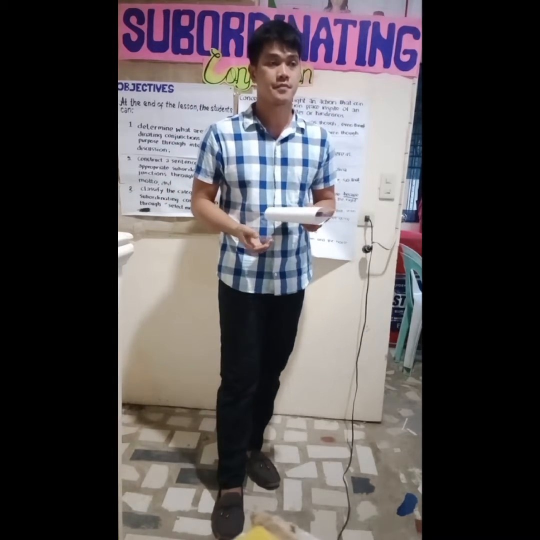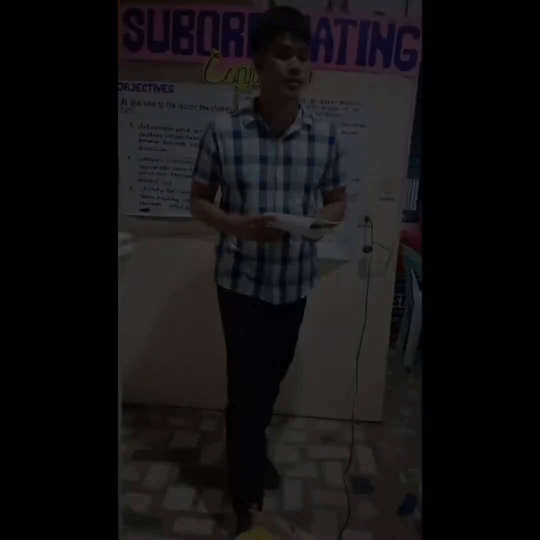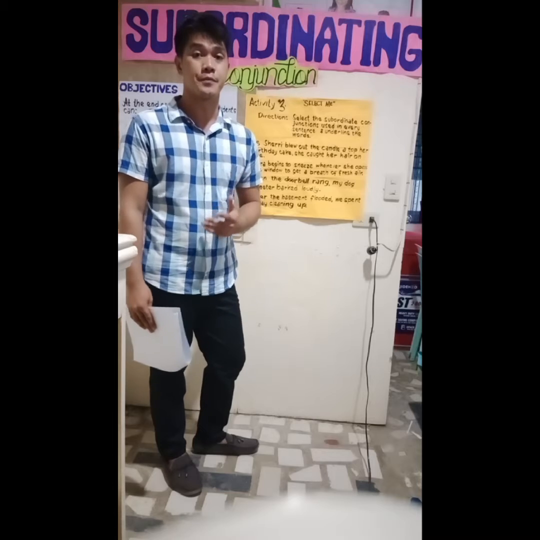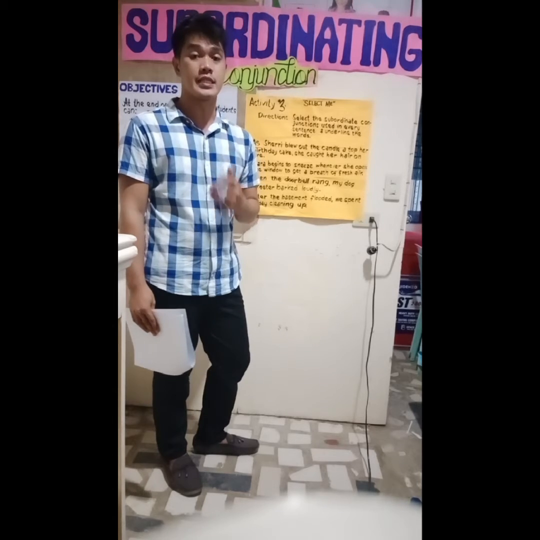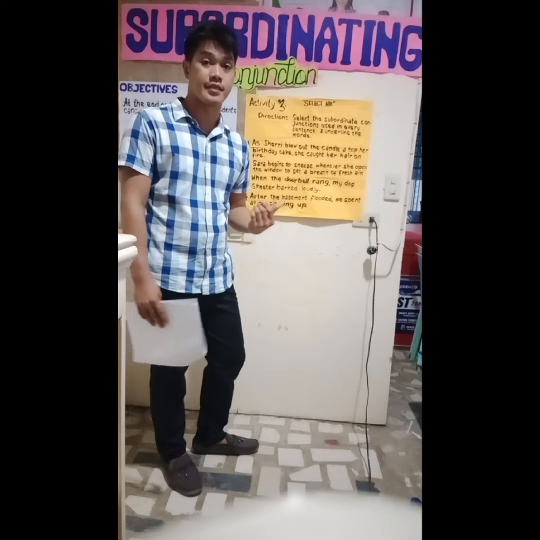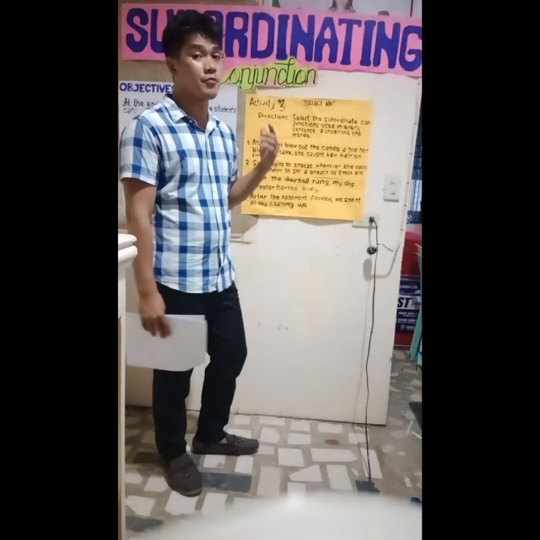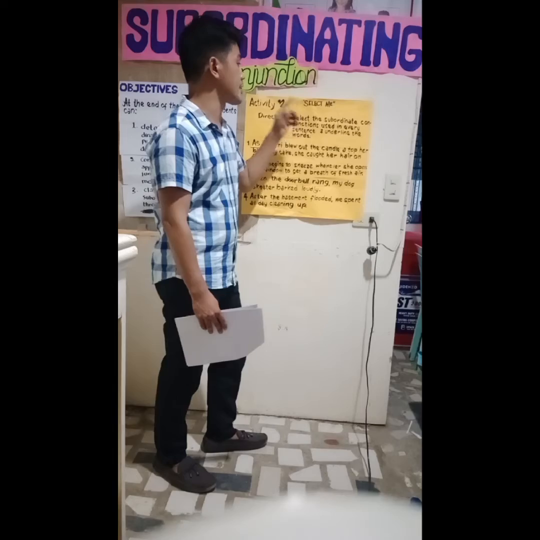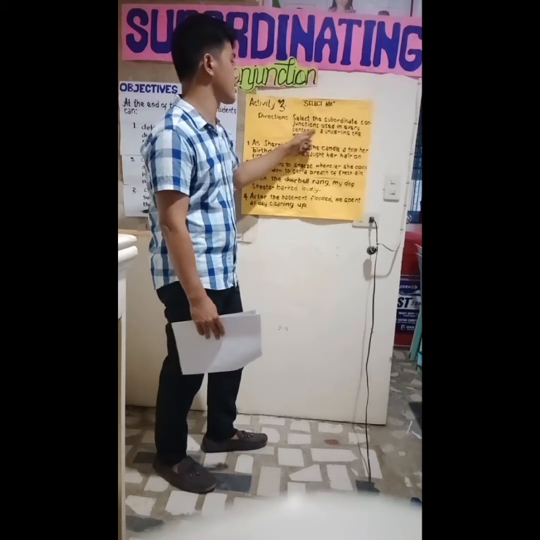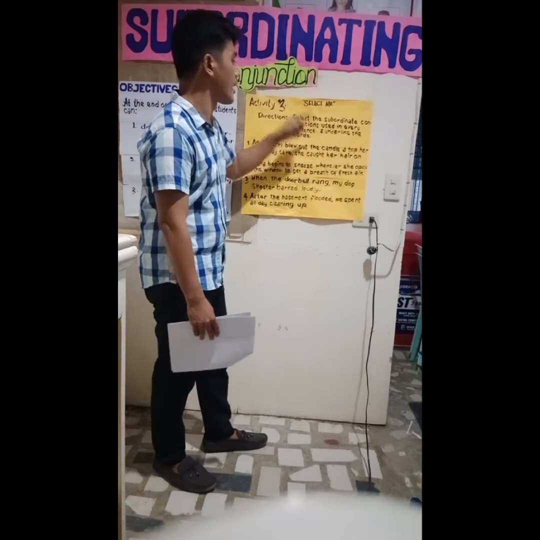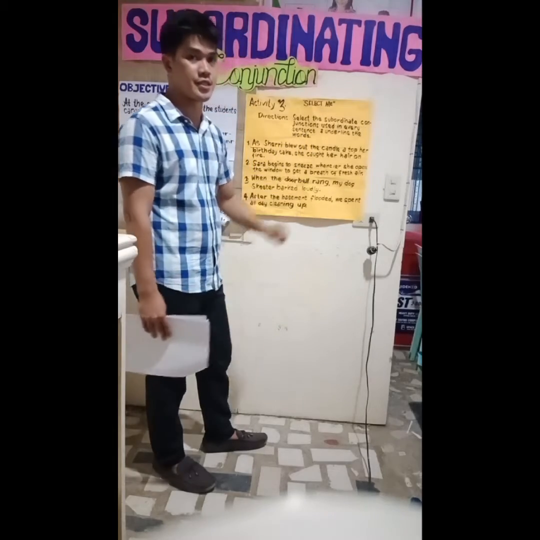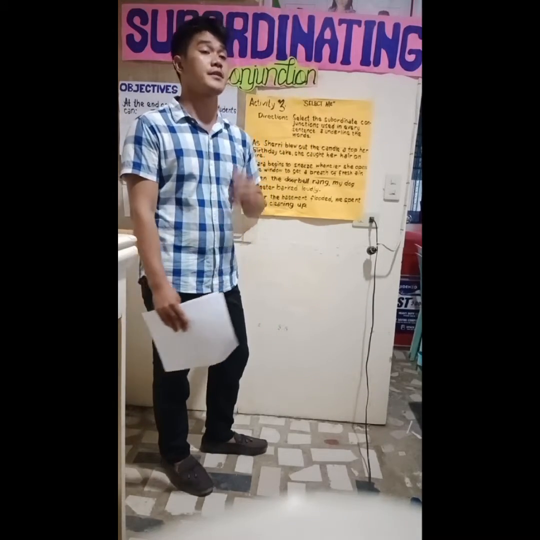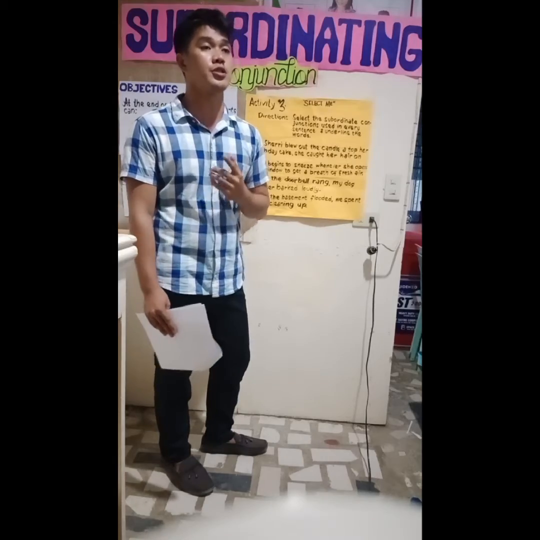Okay? Very good. In activity 3, each group must choose a representative to go in front to select the word. By following the directions, select the subordinating conjunctions used in every sentence and underline the words. So I hope every group will participate, and you can now choose your representative.